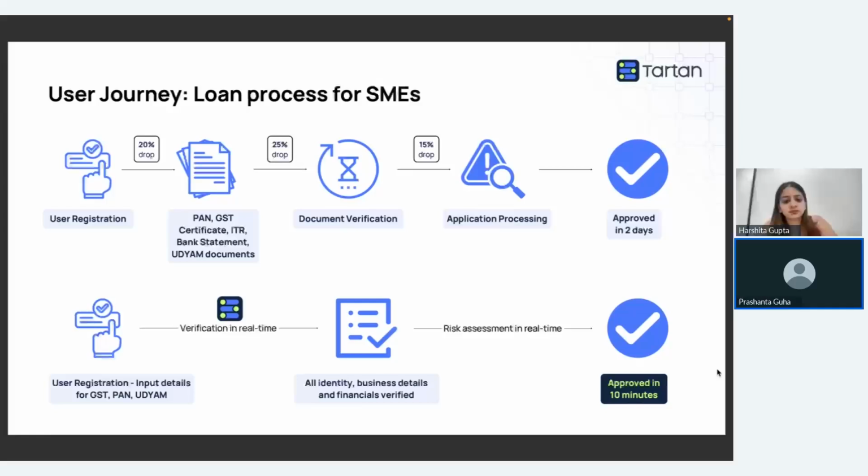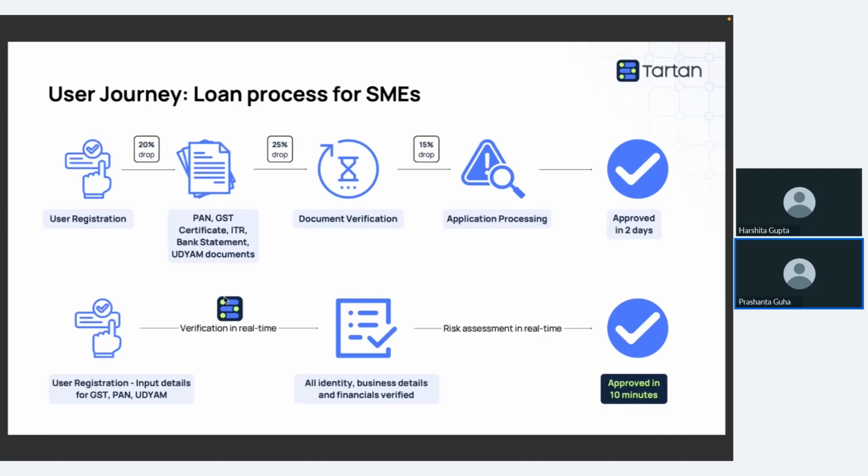Okay. So let's move to the next user journey. Now an SME comes in. In the original journey, they would have to fill out all the details, a PAN number, a GST number, the different registration numbers that are there.